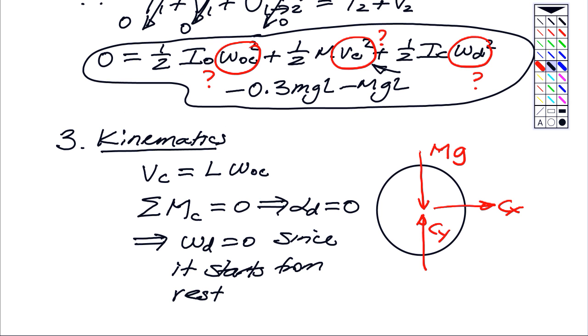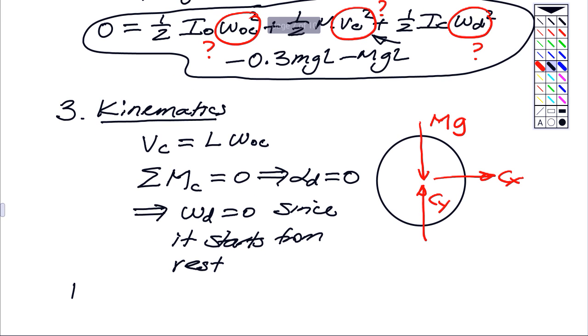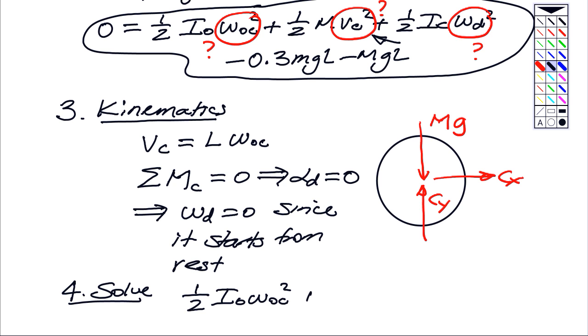So the equation to solve now is the equation above, but with 1/2 I_O omega_OC squared. The v_C we said was L omega_OC. The omega_D is 0.